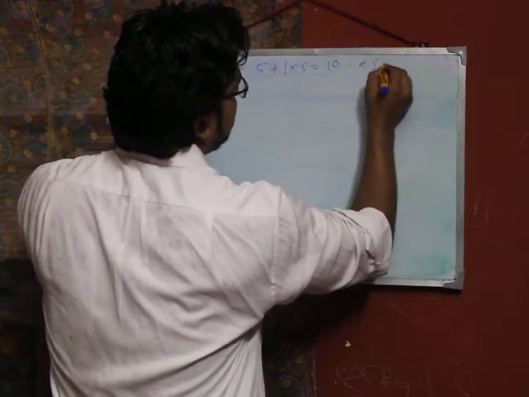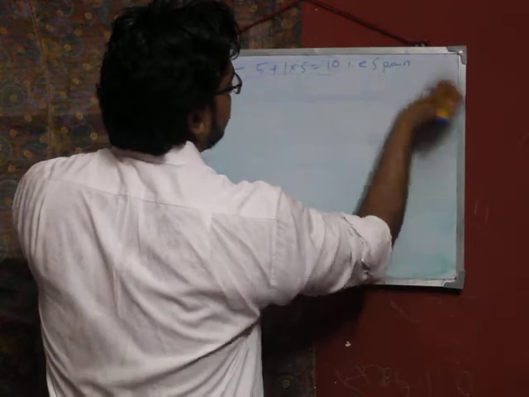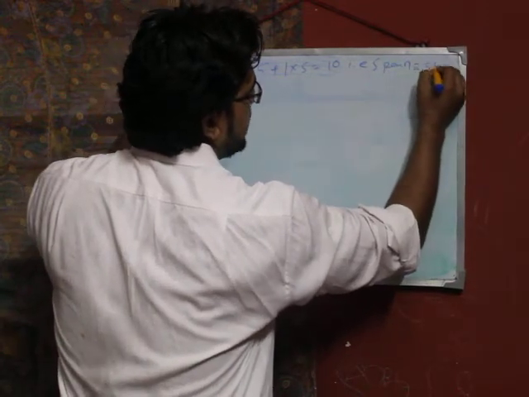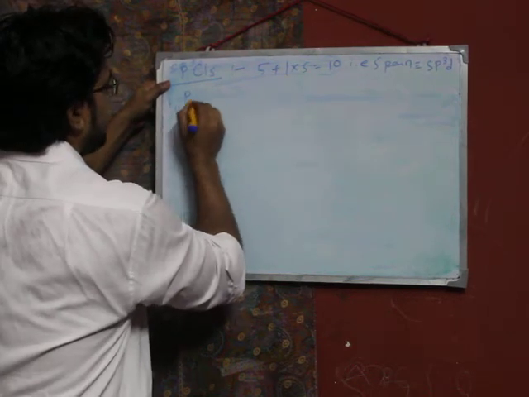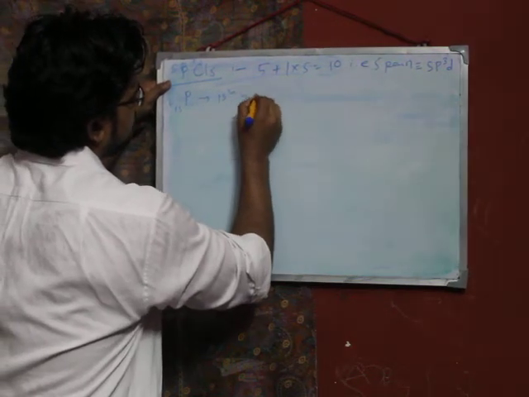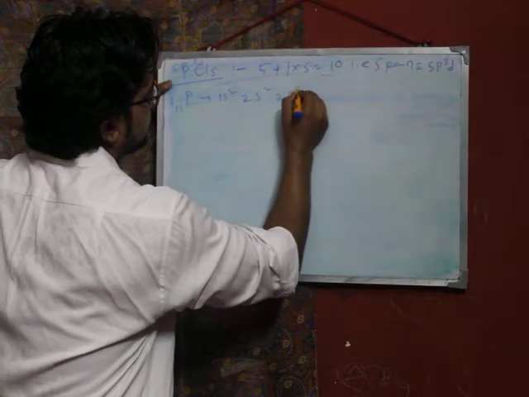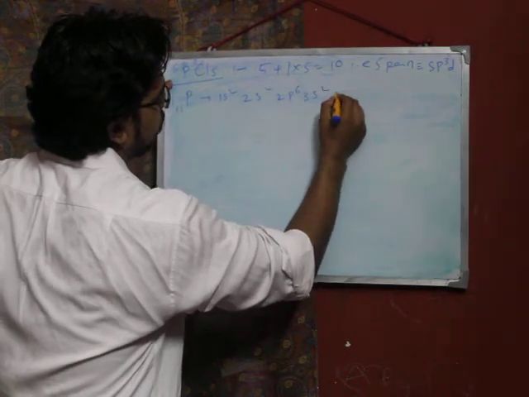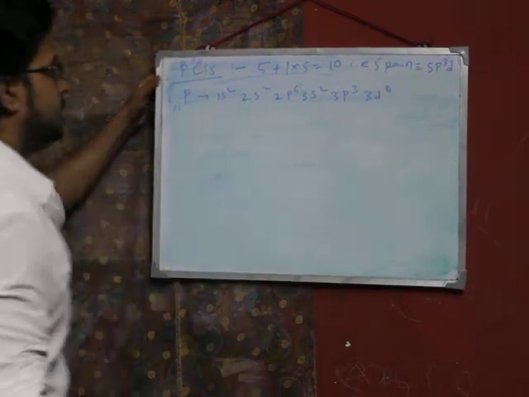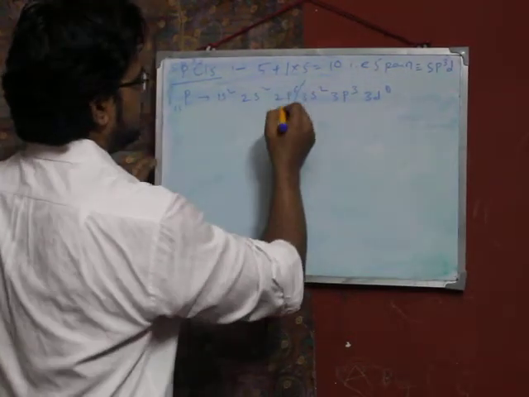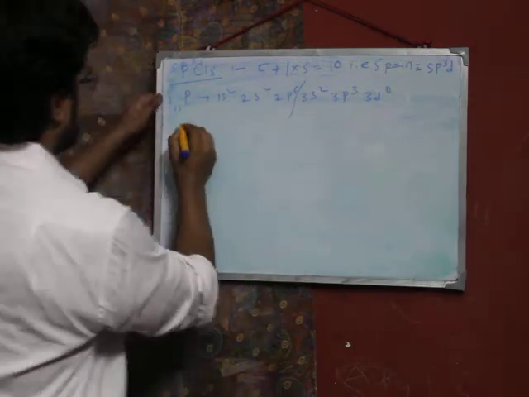That is 5 pairs. 5 pairs means 5 geometry, which is equivalent to sp3d. Phosphorus has 15 electrons: 1s2, 2s2, 2p6, 3s2, 3p3 and 3d 0 orbital, right? And this is the neon configuration.